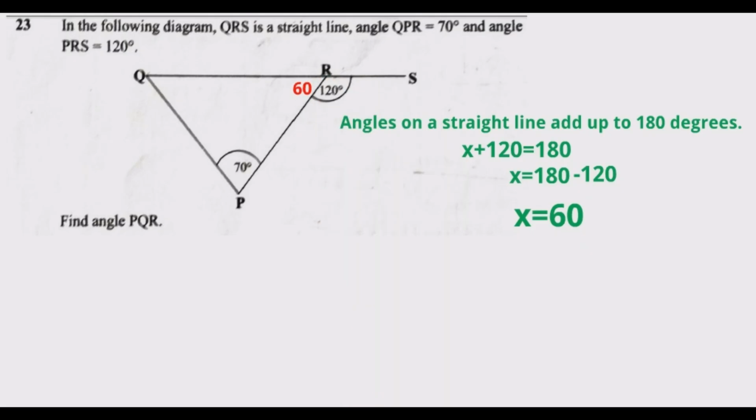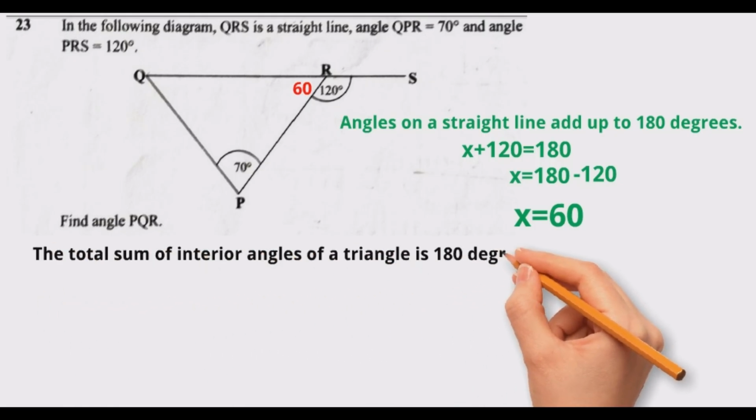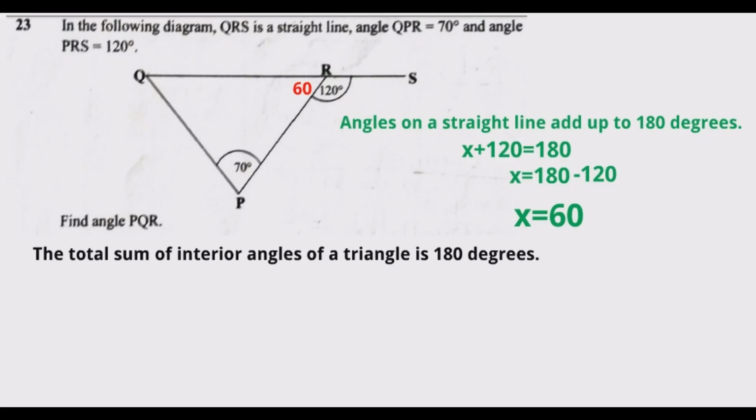Then we go to our original question, which is to find the angle PQR. We're going to use the fact that the sum of interior angles of a triangle is equal to 180 degrees.